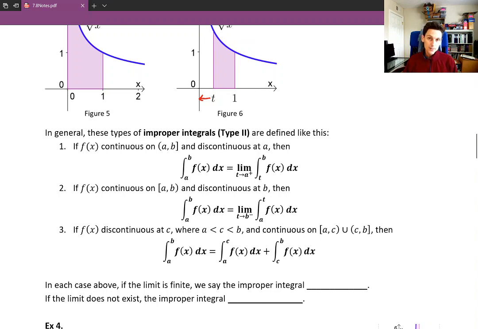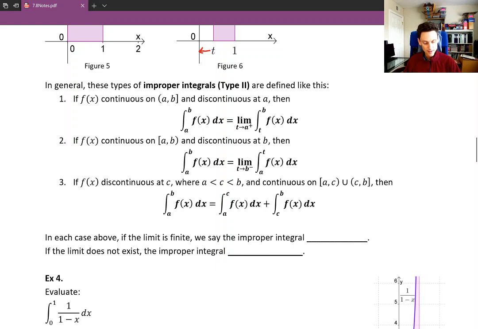Each one of those improper integrals is going to have to be evaluated as a limit, like the first and the second one that we were talking about. So for each one, you replace the discontinuity c with some letter like t, and then let t approach c, either from the left or the right side, depending on how it's set up. We'll talk about that when we do our examples.